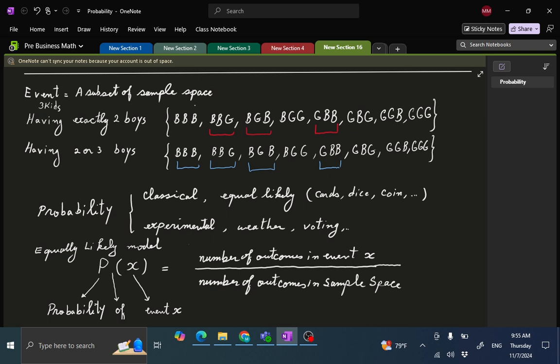We want to talk about the probability of something. So if we are talking about families having 3 kids, what's the probability of all kids being boys? What's the probability of all kids being girls? What's the probability of having exactly 1 girl in a family? And so on.